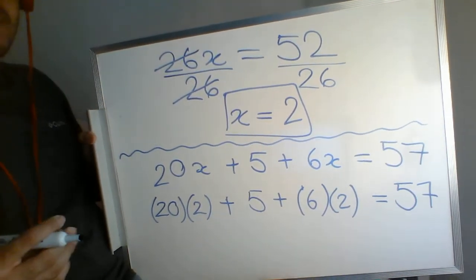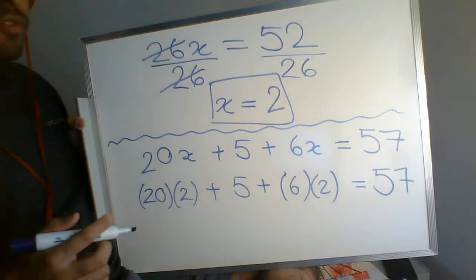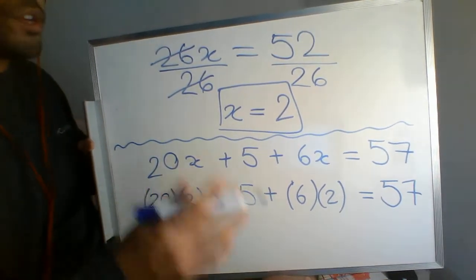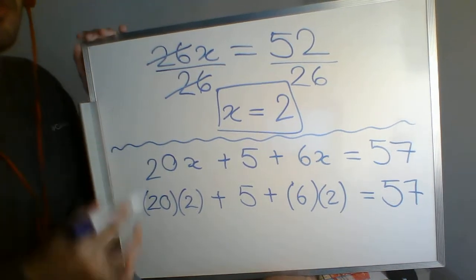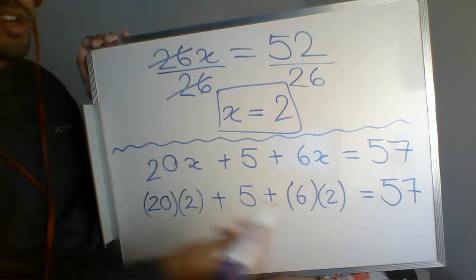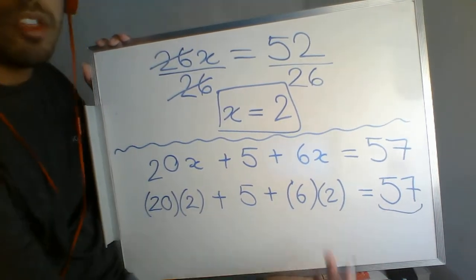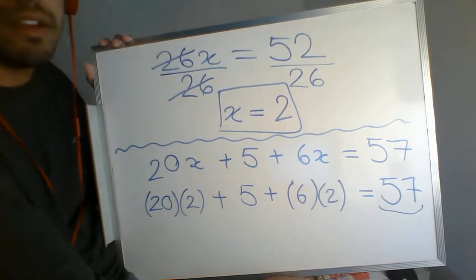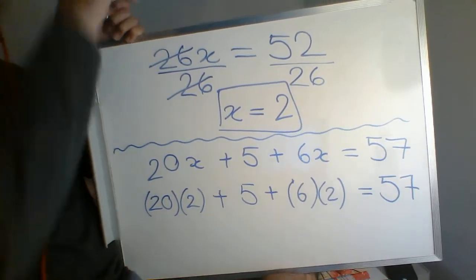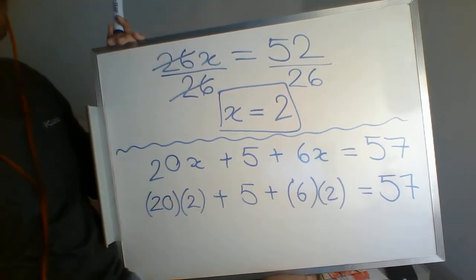Alright, so there are a couple of different ways you could go about this. If you wanted to still move the 5 over there and do the subtraction, that's fine. 57 is a nice target number for this question because we don't have to do any work on that side to get it down to a single number. It already is a single number. But basically the left side and the right side just need to equal the same number.